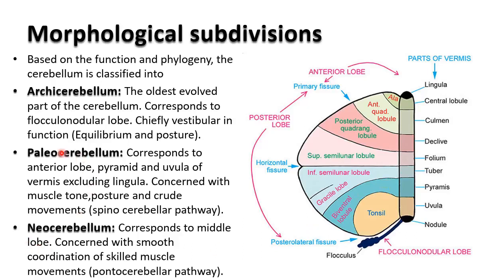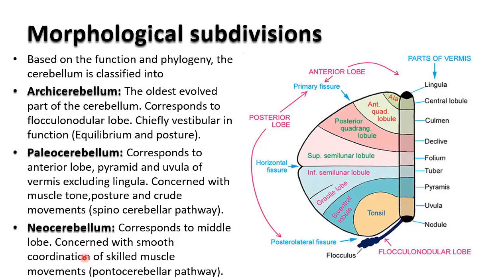The paleocerebellum is called the spinocerebellum, whereas this is called the pontocerebellum because the transverse fibers from the pons, which receive fibers from the cerebral cortex, pass and project into this neocerebellum part.